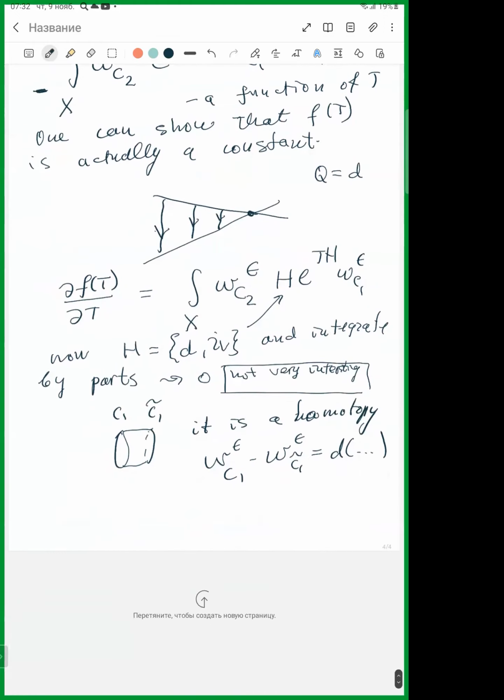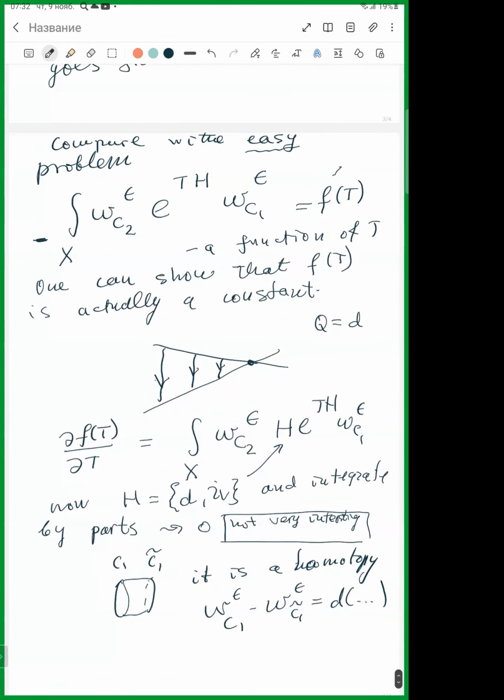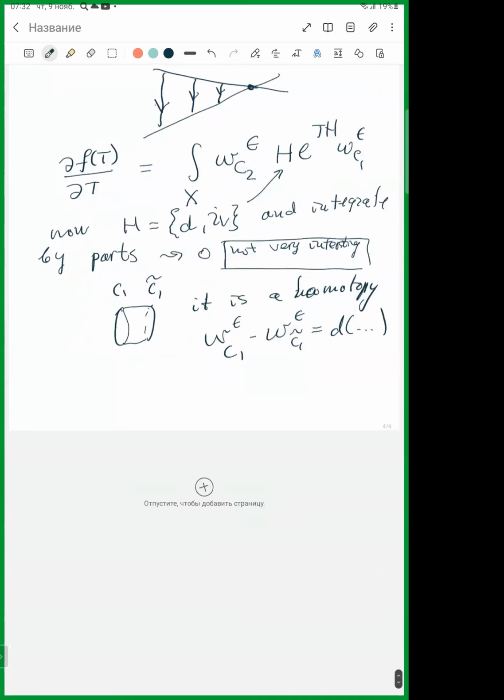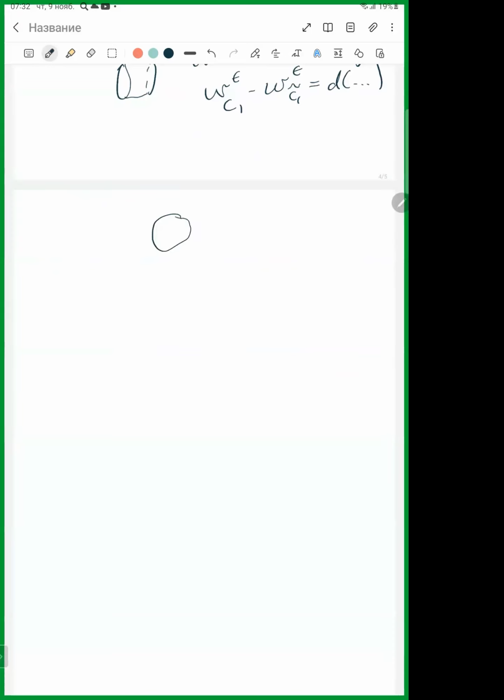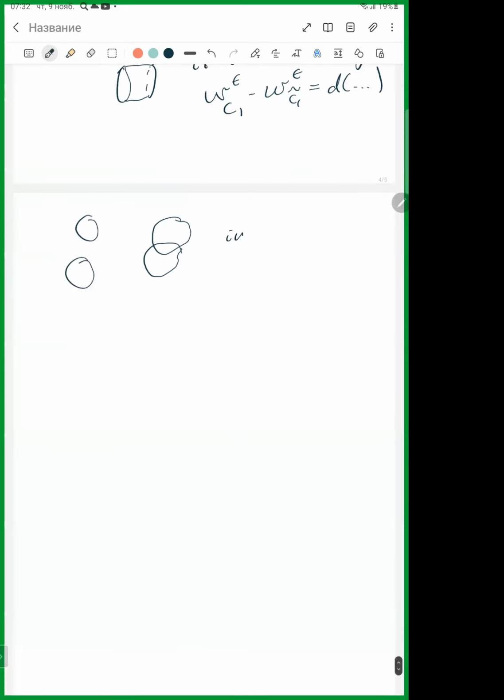I imagine two circles, and originally they don't intersect, but after I transport one of them by the time t, they do intersect at 2 points. But the intersection should be taken with signs.